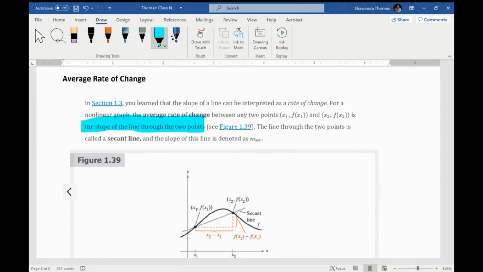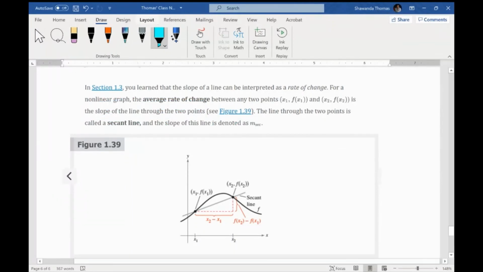The line through the 2 points is called a secant line. So if you have a graph that's not a straight line and you're trying to find the slope, it's now called a secant line. And the slope of the line is denoted as m sub sec. And we'll talk about that.